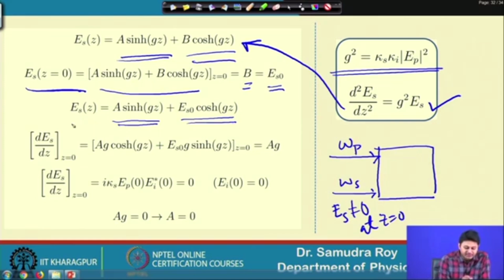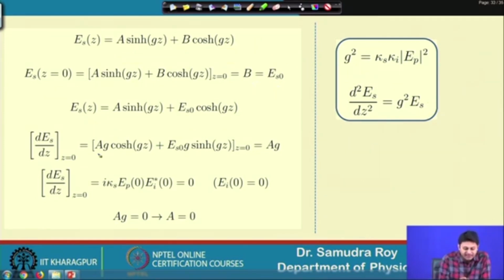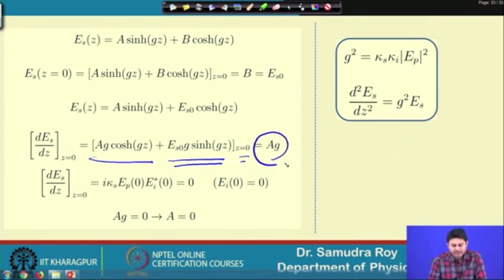When we make a derivative dEs/dz, we will have A g cosh of Gz, and the derivative of the other quantity is Es0 g sinh of Gz. Cosh becomes sinh and sinh becomes cosh, and when I put z equal to 0, the entire quantity becomes Ag.